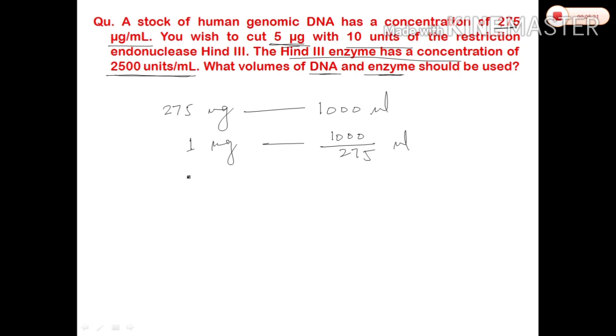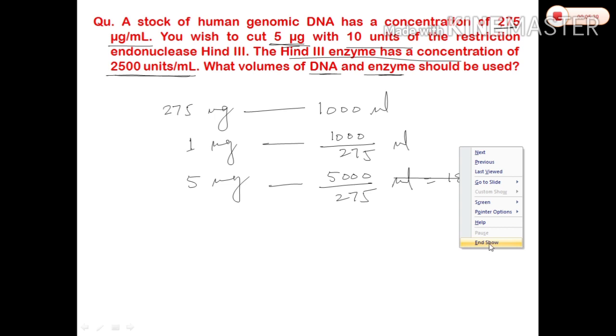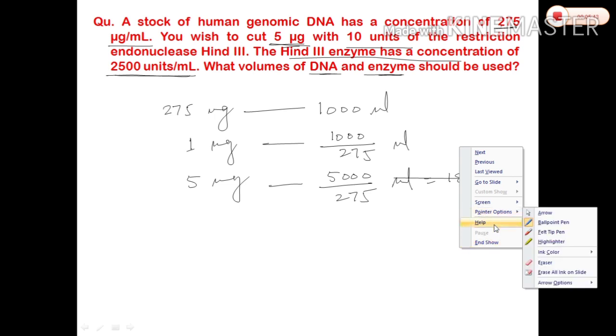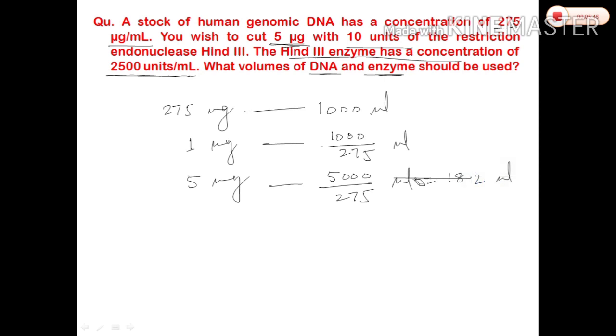So 5 microgram is there in 5000 divided by 275 microliter, which is 18.2 microliter. So in 18.2 microliter, our 5 microgram DNA would be there.